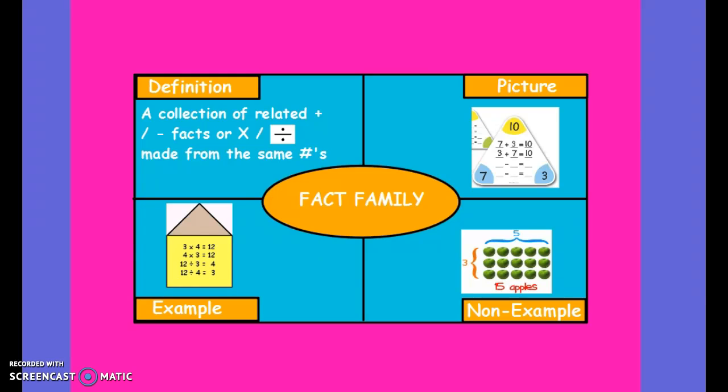Now, a couple other definitions that we need to consider in division are a bit of a review from multiplication definitions, because multiplication and division are kind of related, even though they're the opposite. We know multiplication is making things larger and division is separating, making things smaller. But still, we need to know fact families. The definition of a fact family is a collection of related addition, subtraction, multiplication, or division problems made from the same exact 3 numbers.